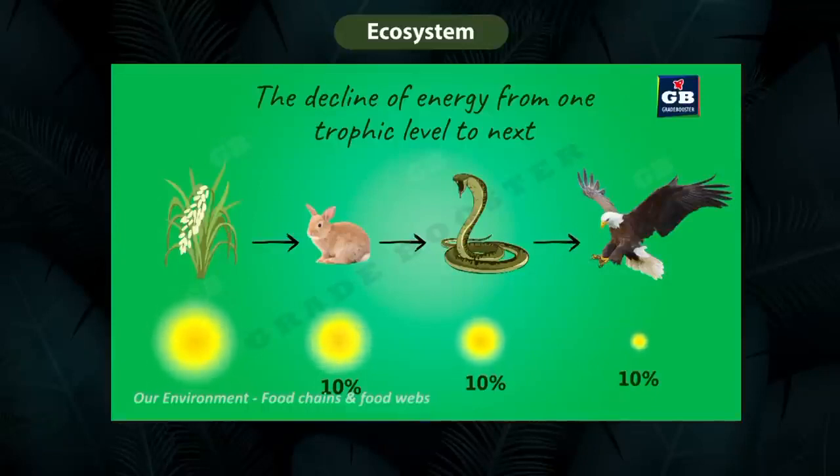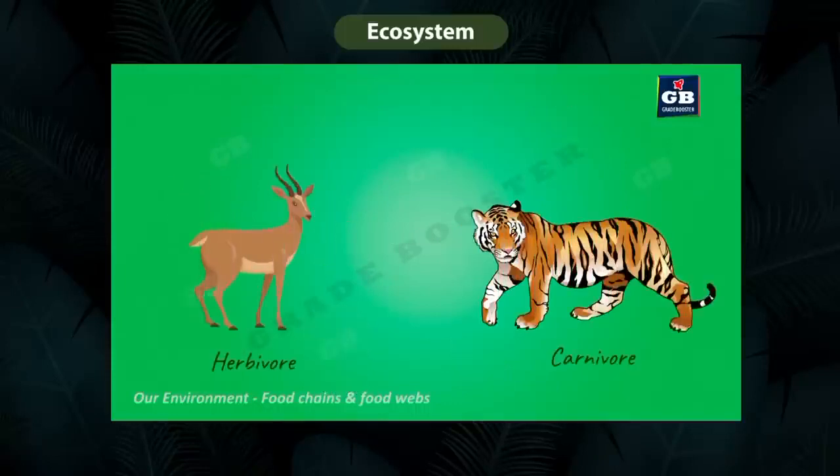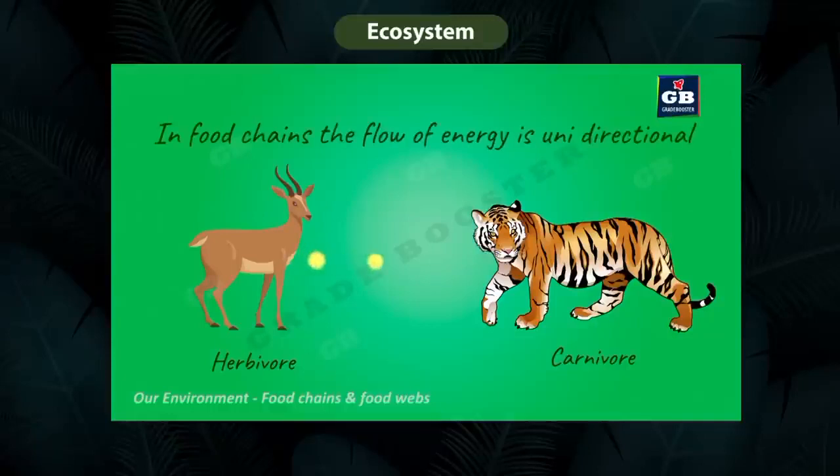So we can observe a gradual decline of energy from first level to last level. That is the reason why food chains usually have only 3 to 4 levels. In a food chain, the flow of energy is unidirectional. That means the energy flows from a herbivore to a carnivore, never from a carnivore to a herbivore in the reverse direction.